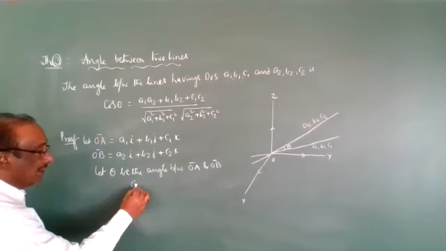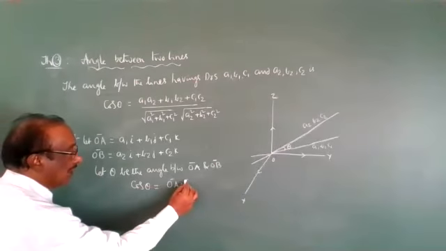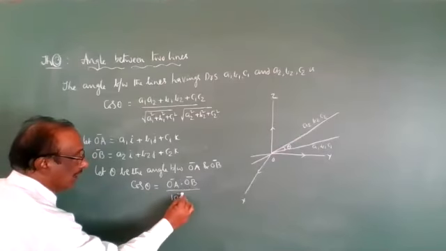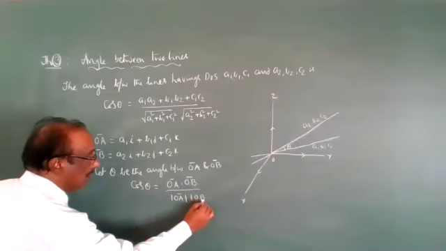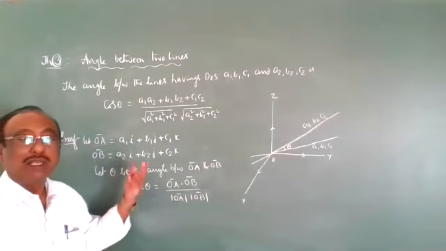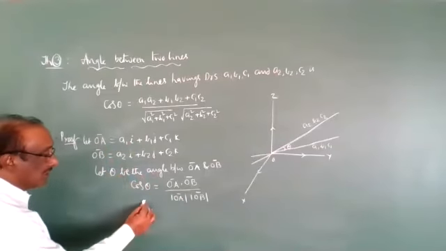Then the cos theta formula is the dot product OA bar dot OB bar by modulus of OA bar into modulus of OB bar. Dot product means i components multiplication, j components multiplication, k components multiplication.